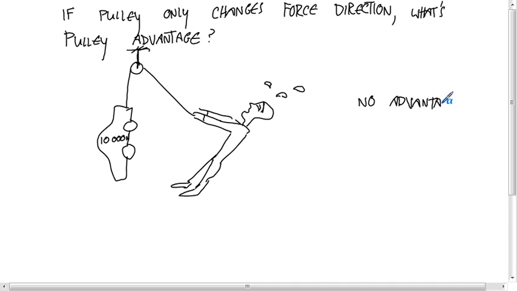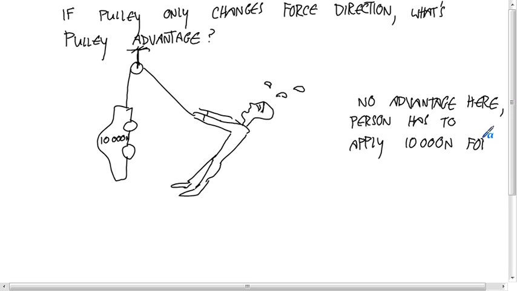So there's no advantage here. The person still has to apply 10,000 newtons of force to hold up the car.